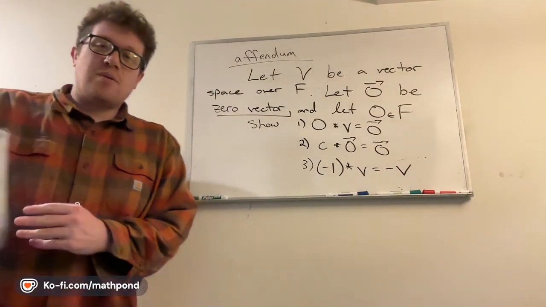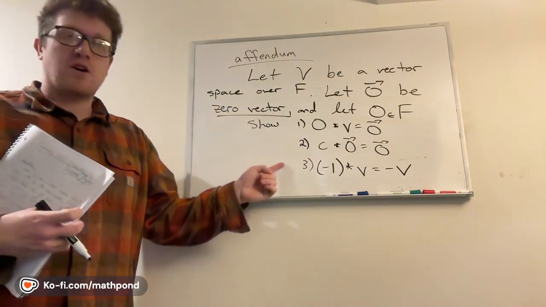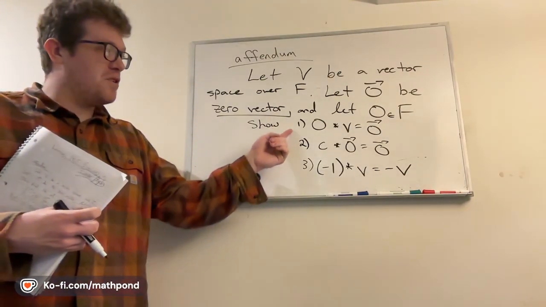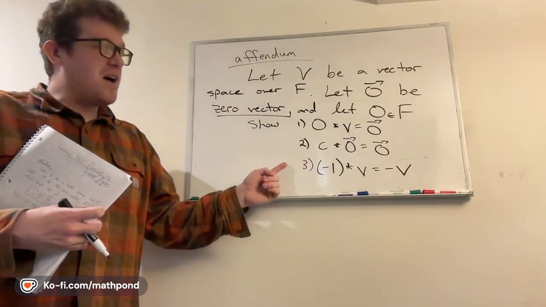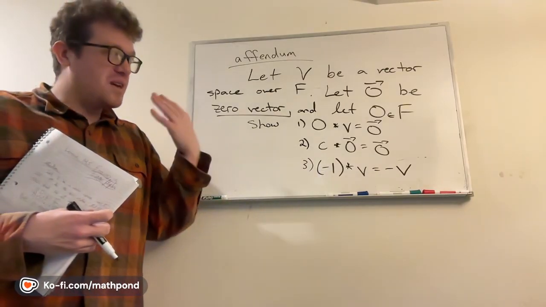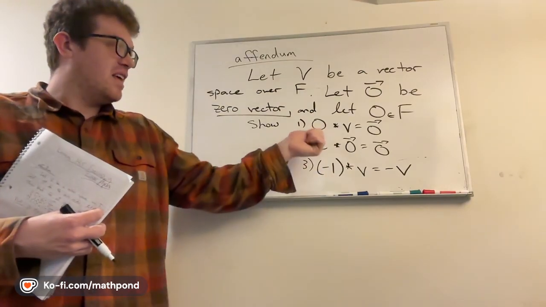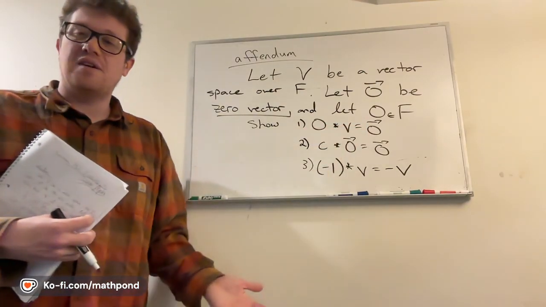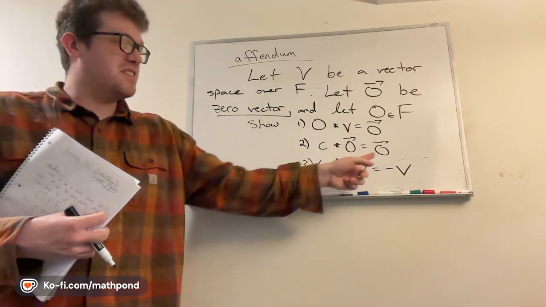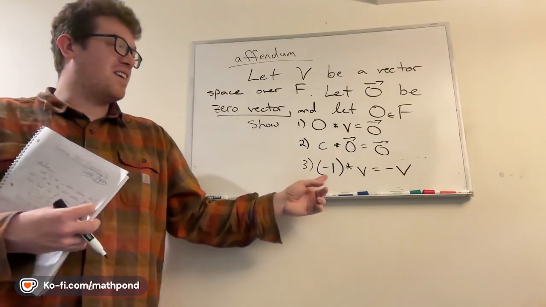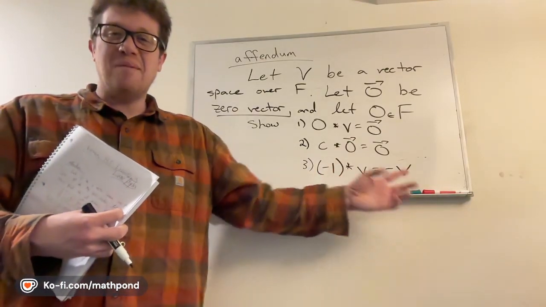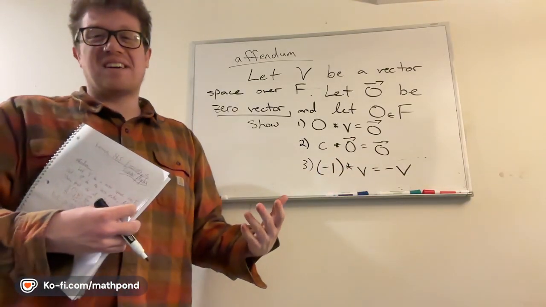So it's almost like we take all these things for granted. It's almost hard to even think about how to prove these, because we basically take these as axioms to begin with, right? Like, how could 0 times something not be 0? How could something times the 0 vector not be 0? How could -1 times v not be the negative of the vector?